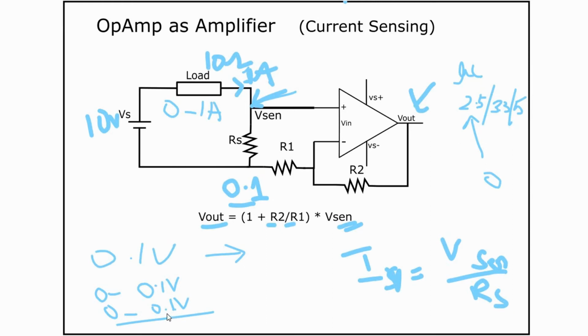It is always better to convert this 0.1 to 2.4. If your V sense is 0.1 volts, you would want to amplify it to, let's say, 2.5 volts. So you will be able to use the full resolution of the microcontroller.